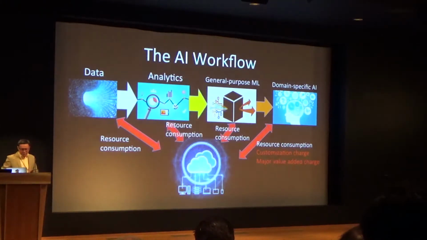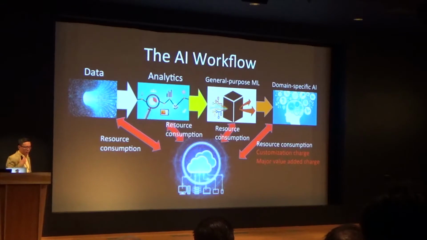So in the industrial setting, indeed, the applied AI workflow will be from data and then to analytics, and then the general purpose machine learning, which is a very hot topic nowadays, and the domain-specific AI. Well, nowadays, people focus on these a lot.